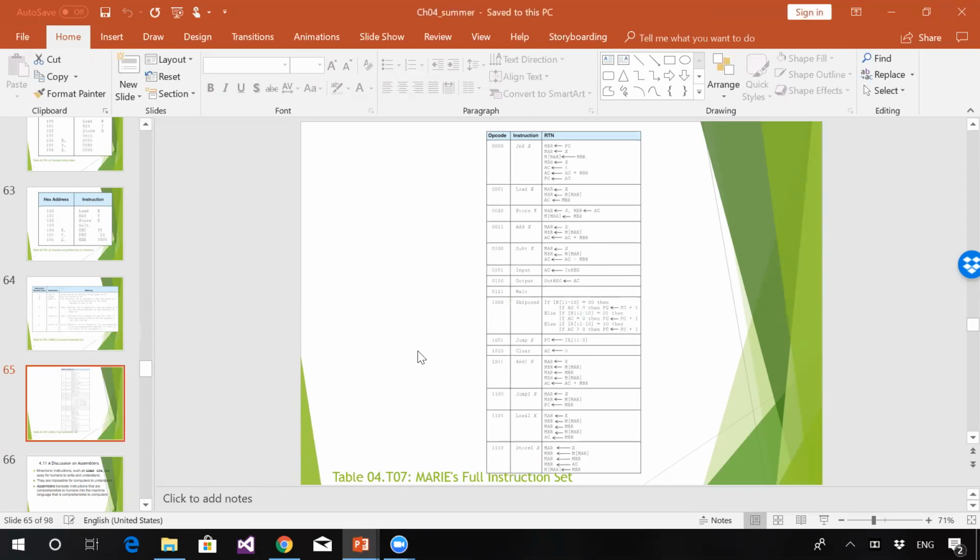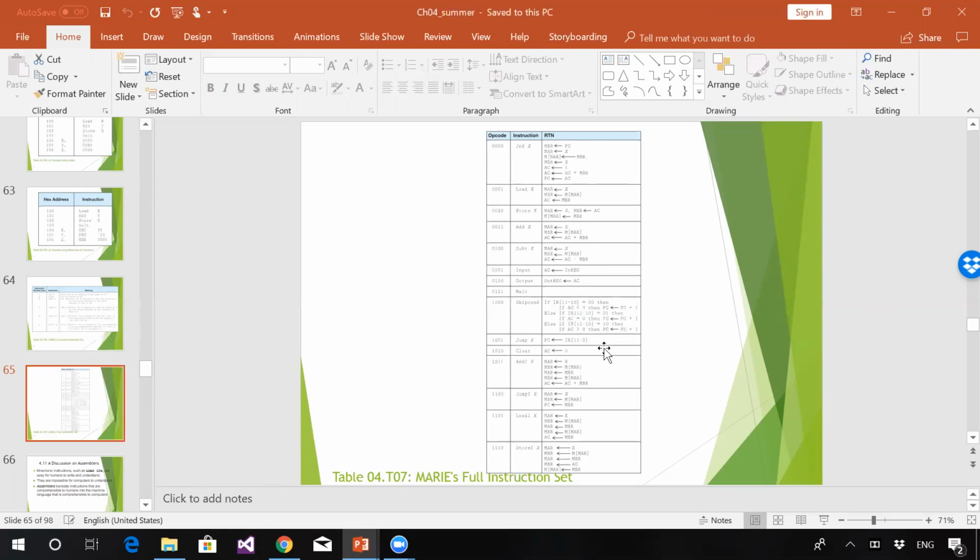All the instructions are here, including load, store, add, subtract, input, output, halt, and add I, which means accessing the memory using other ways than we have mentioned. Indirect memory access.